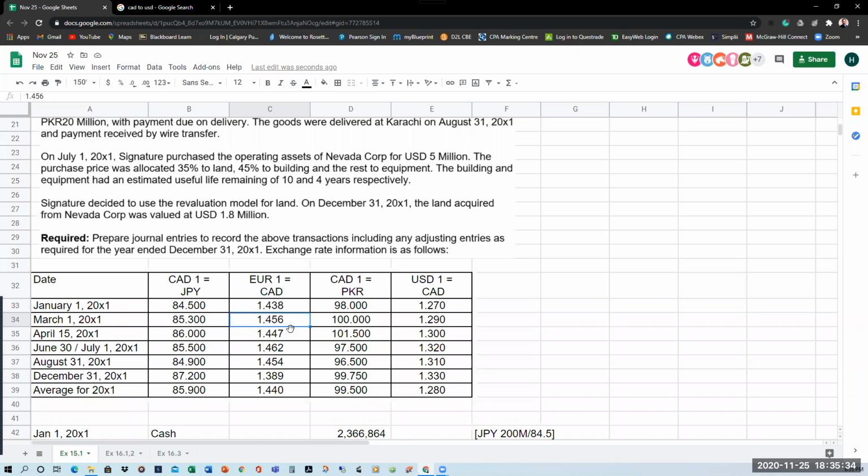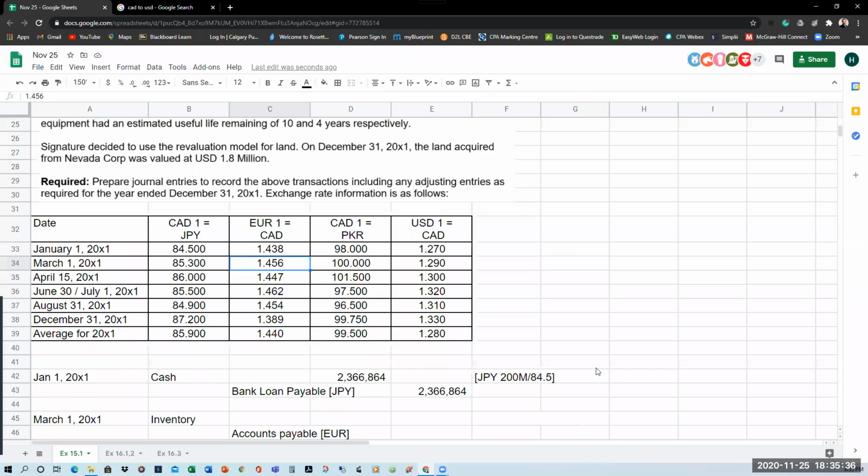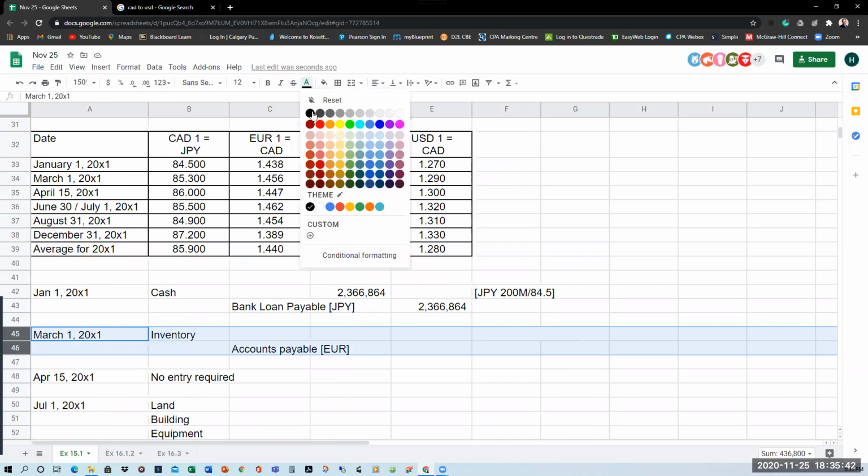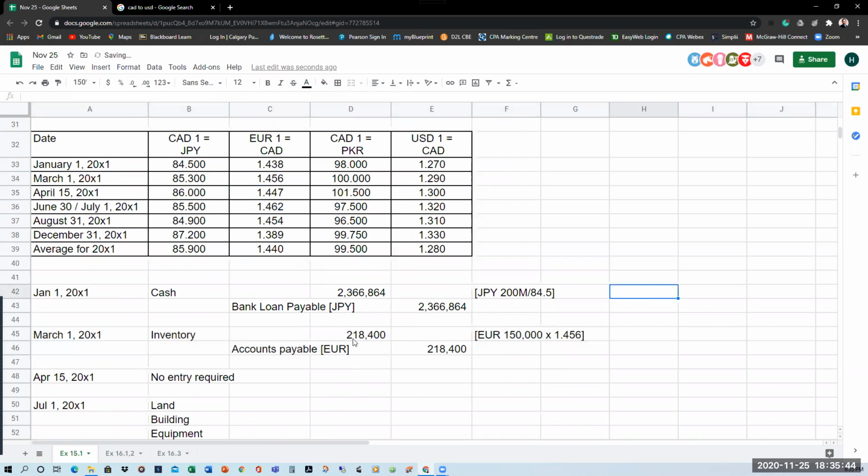So converting from euros to Canadian dollars, 150,000 euros will be 150,000 times the 1.456, 218,400. And of course, if you've bought the inventory, you debit inventory and credit the accounts payable.